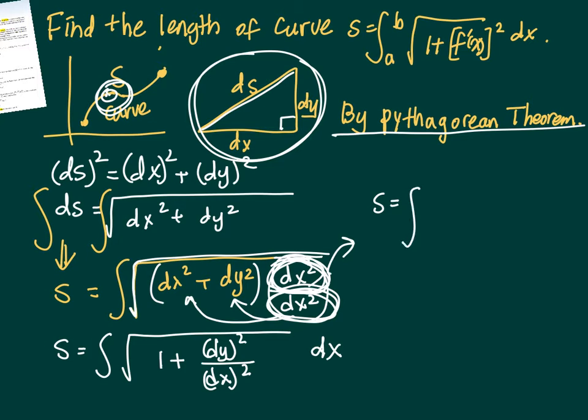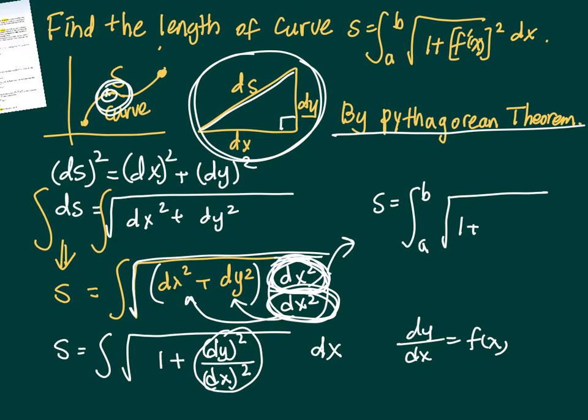s is the integral from a to b of the square root of 1 plus dy over dx. You can think of that as f prime of x, because we are differentiating. But wait a minute, we have a square on top and bottom, so make the quantity squared, and don't forget to put dx this time.